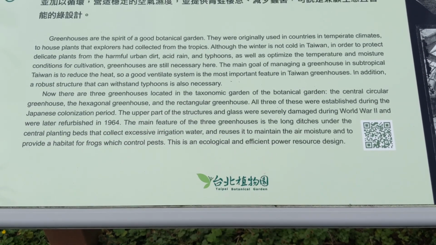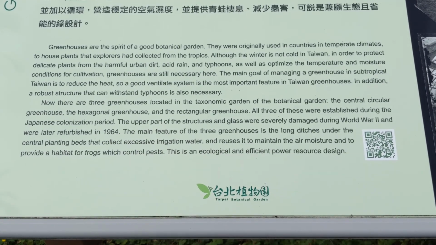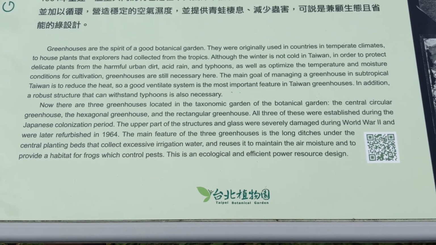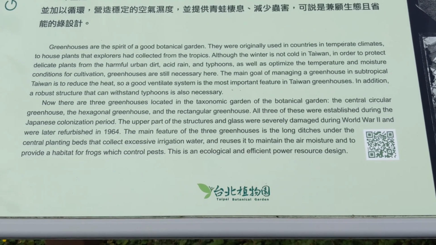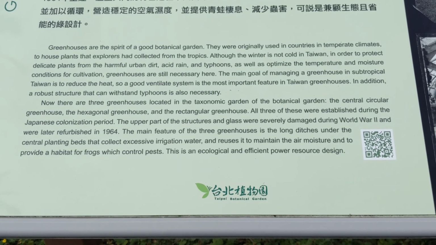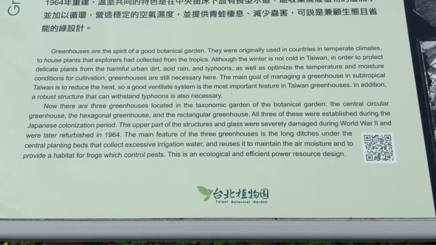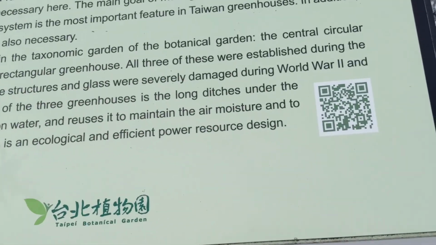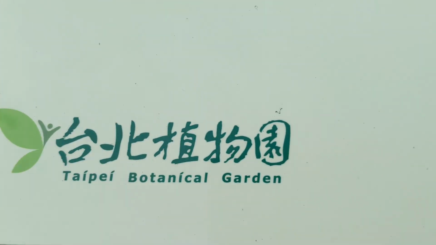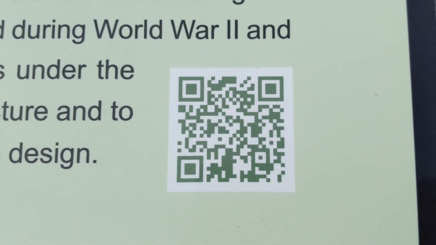The main feature of the 3 greenhouses is the long ditches under the central planting beds that collect excessive irrigation water and reuse it to maintain the air moisture and provide a habitat for frogs which control insects. This is an ecological and efficient power resource design. And that's the Taipei Botanical Garden and the QR code if you want to find out more.